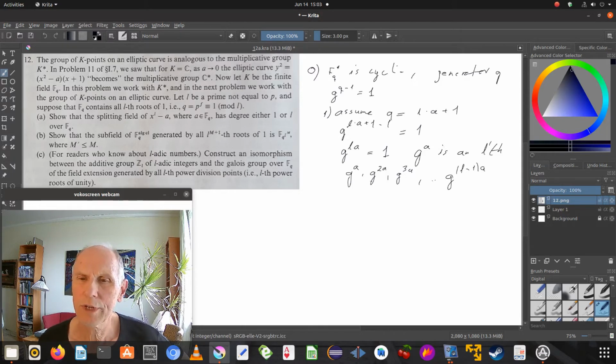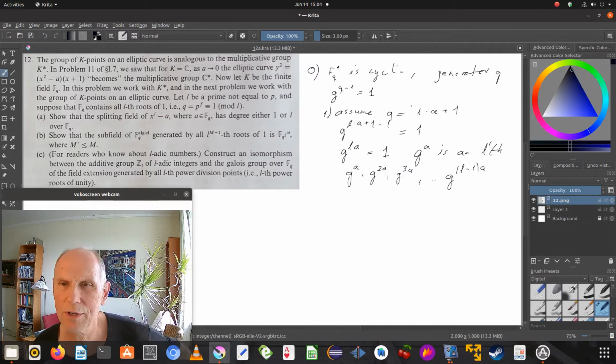And then, of course, they are roots of unity. AL minus 1 is actually less than L. No, what is it?